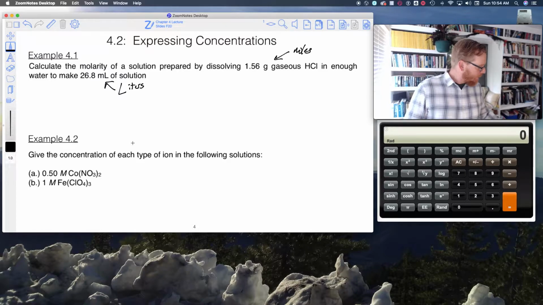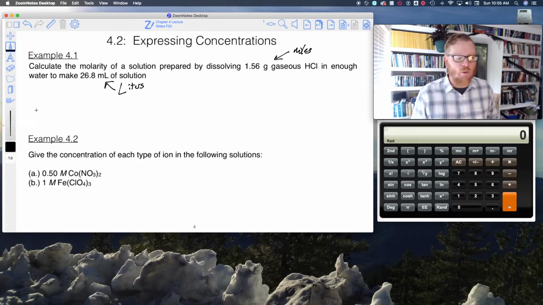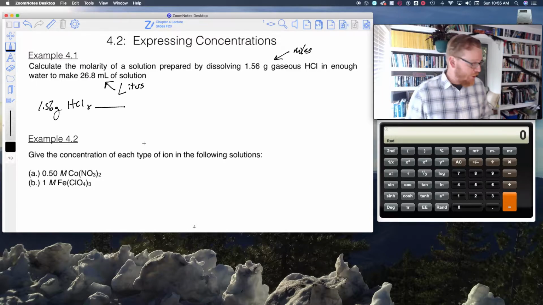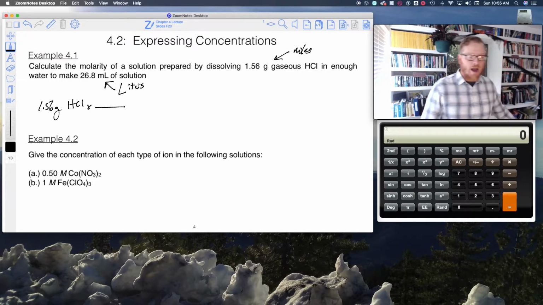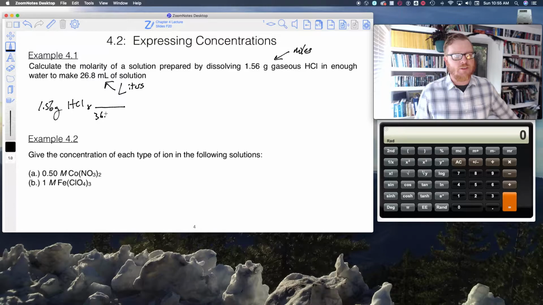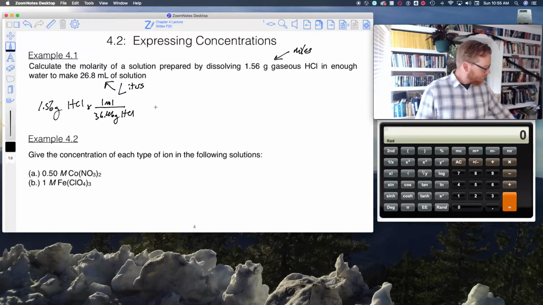Okay. So I'll start by taking the 1.56 grams of HCl, and I just want to convert that to moles, and I can do that using the molar mass. I calculated that already. That's 36.46 grams of HCl in 1 mole.